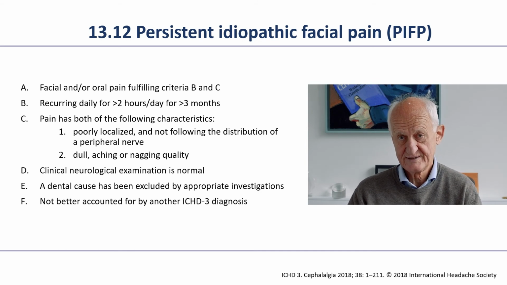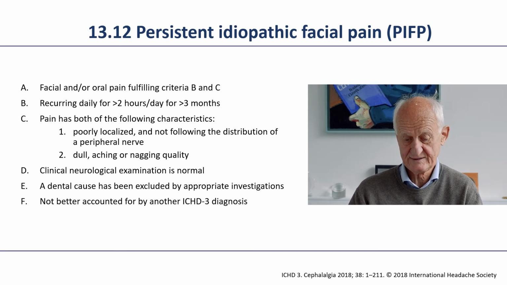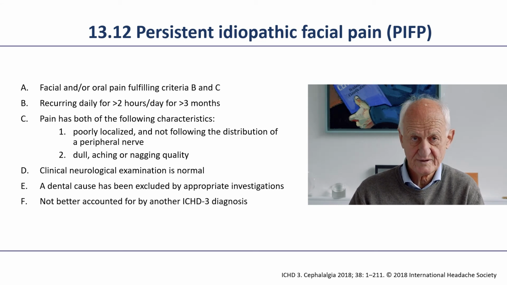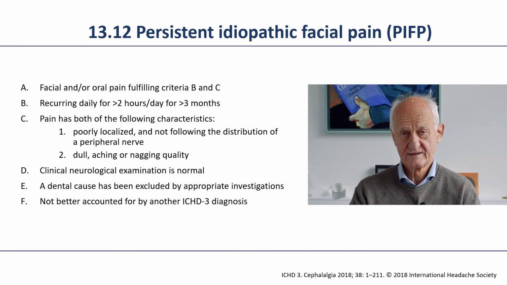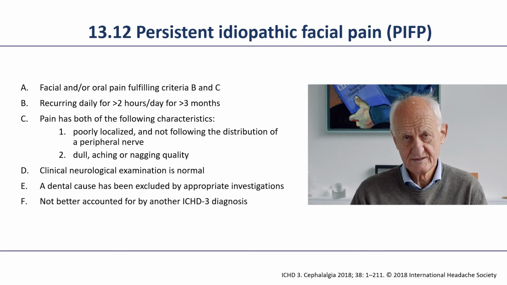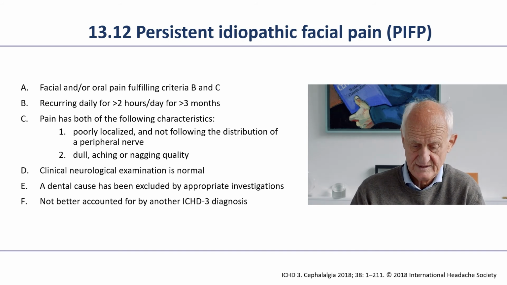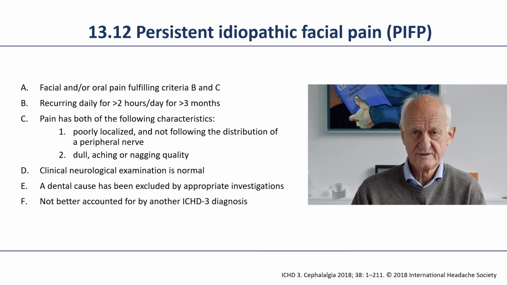So again, it's a kind of primary or idiopathic pain syndrome, as we all know, very difficult to treat, not responding to the treatments that are so effective in trigeminal neuralgia, like carbamazepine, oxcarbazepine, and so on. It's usually mostly treated by tricyclic antidepressants with some success.